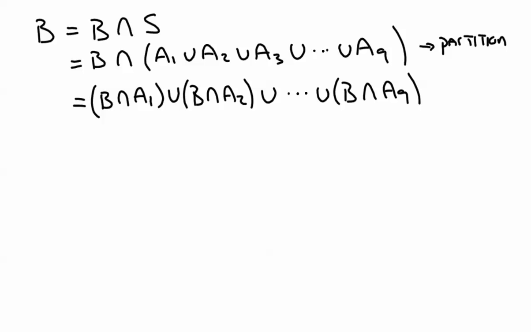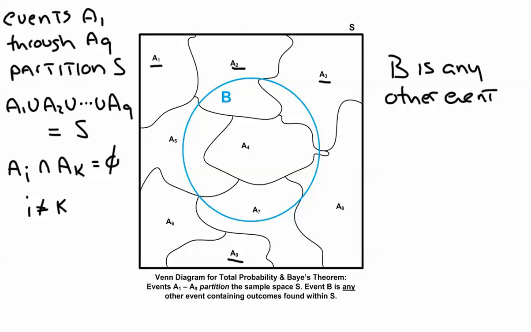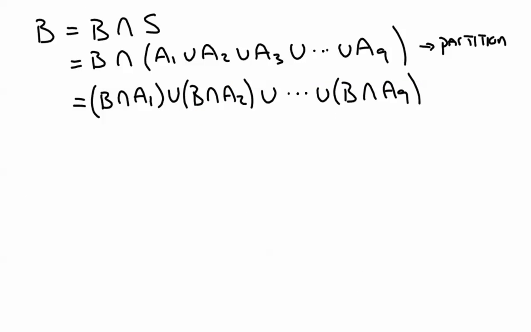All right. Now notice that, let's go back over here. A1 doesn't intersect B in this particular figure, but A2 intersects B there. A7 intersects B here, etc. All of these events are non-overlapping.